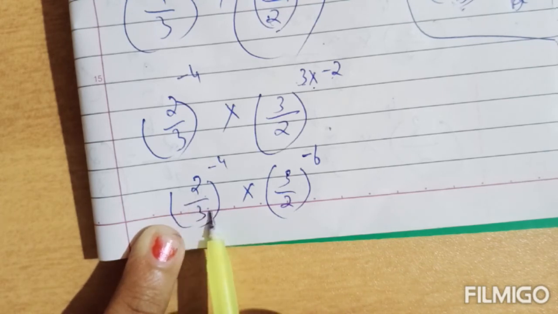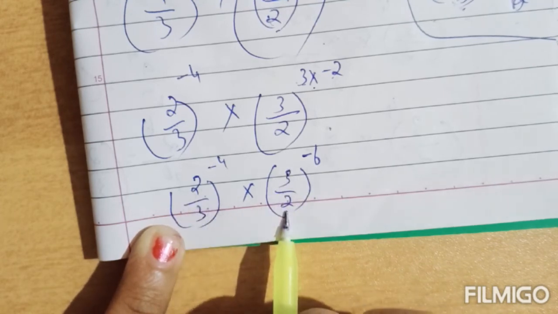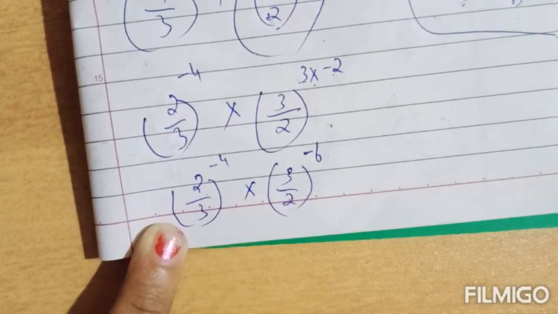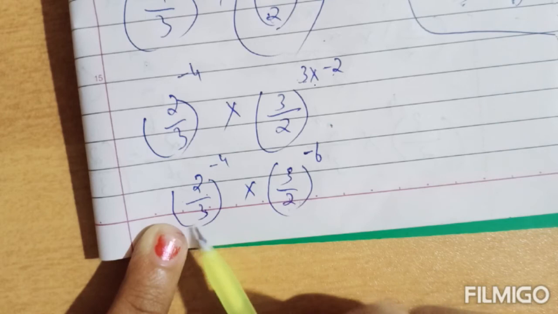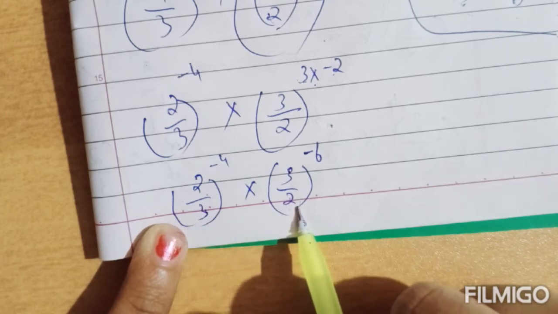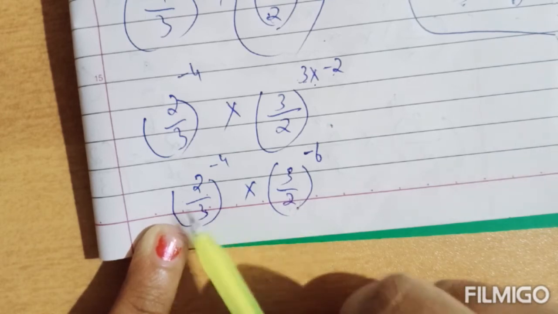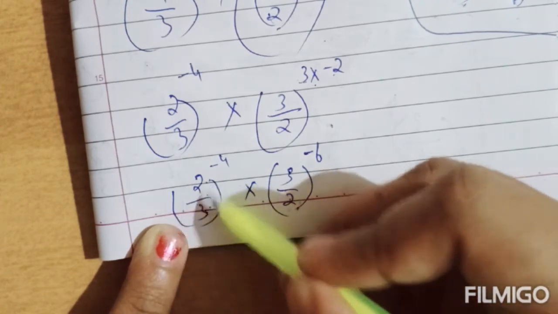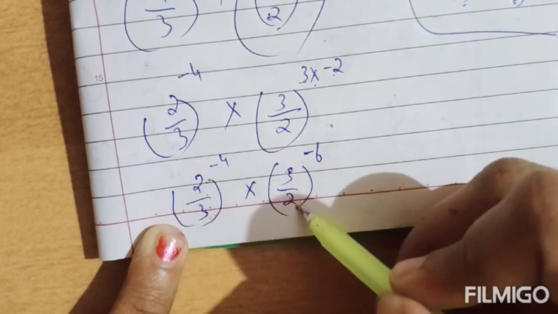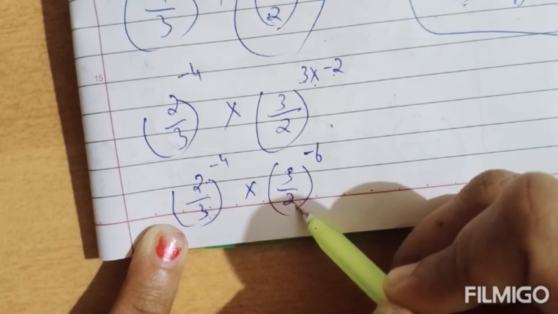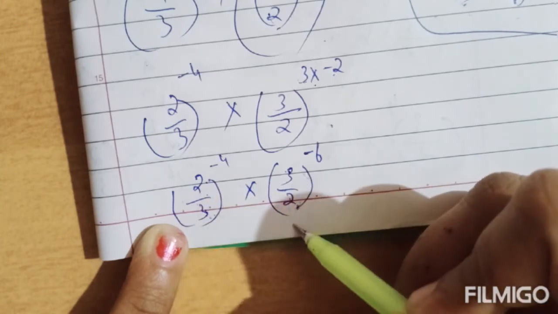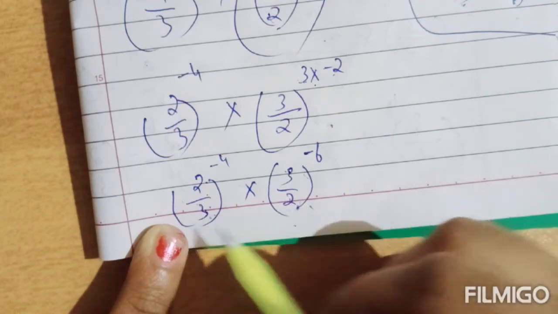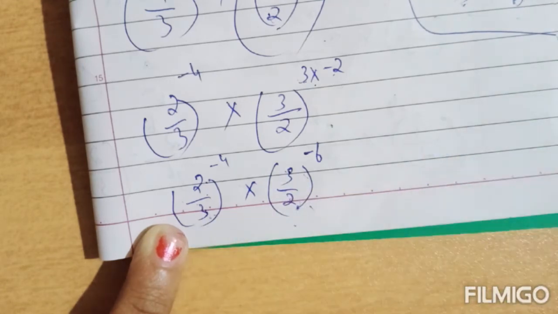2 by 3 here, 3 by 2 here. So any one you can change and make it same. Bases same, then only we can use product law. Okay, here product multiplication is coming, but bases here 2 by 3 and 3 by 2 are reciprocals of each other. So to make the bases the same, we can do one thing.